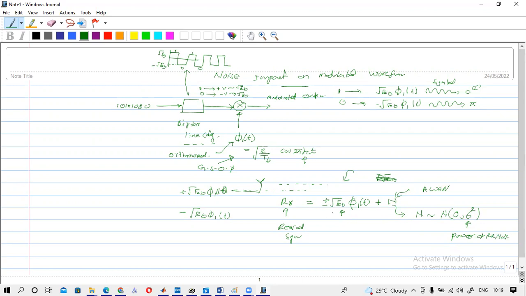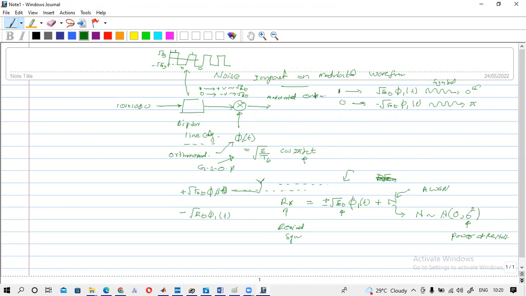So what you have to do: you have this signal, and you can generate some noise variable. This will be a Gaussian variable, the standard Gaussian variable. Sometimes we get this as a complex Gaussian variable also.